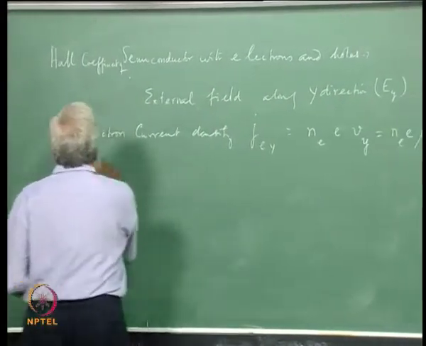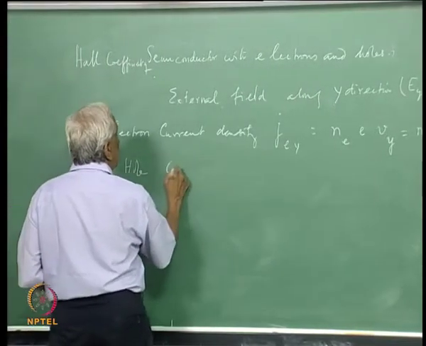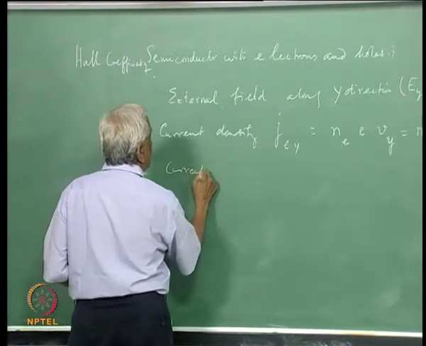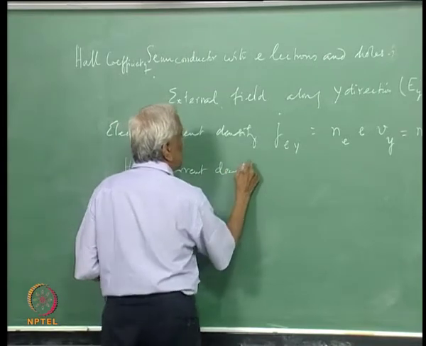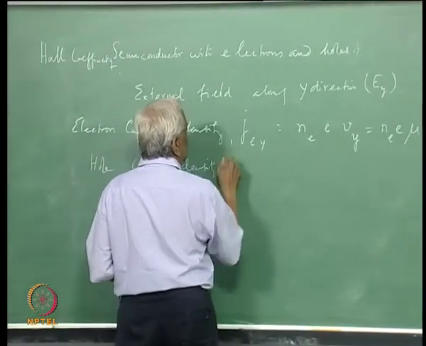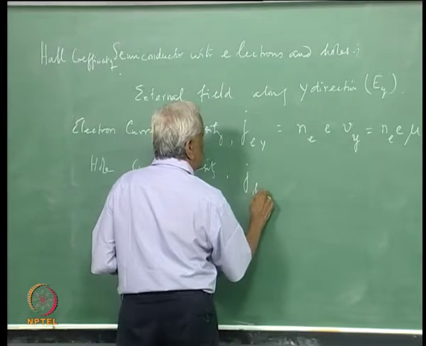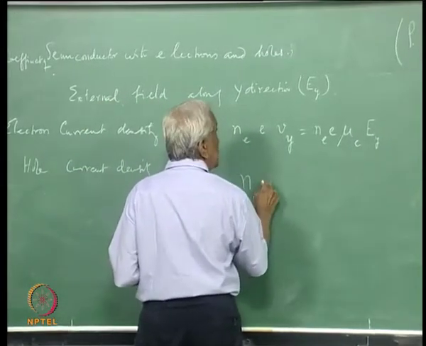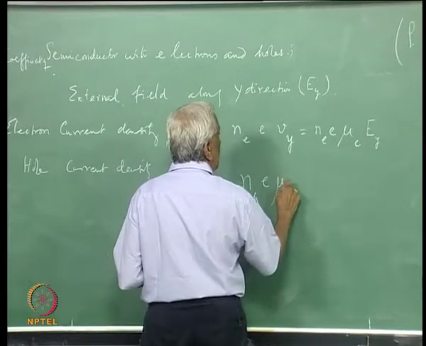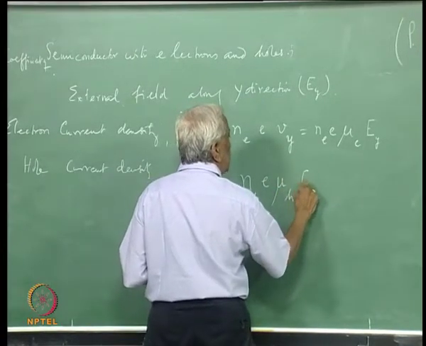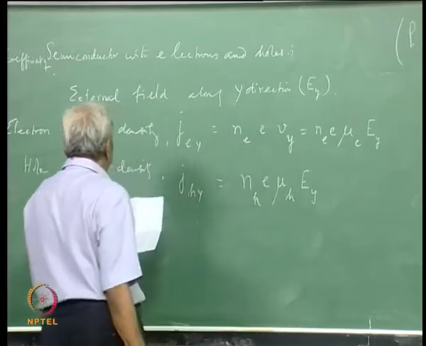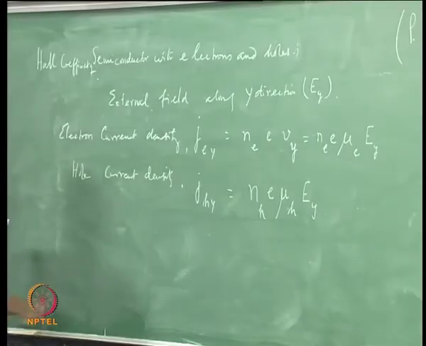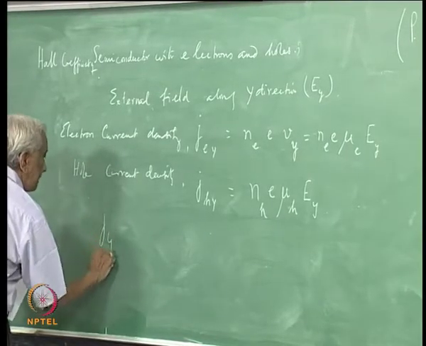Similarly, for the hole current density J_h,y, by the same token it will be N_h e μ_h E_y, and therefore the total current.